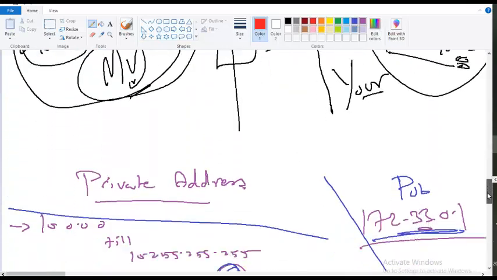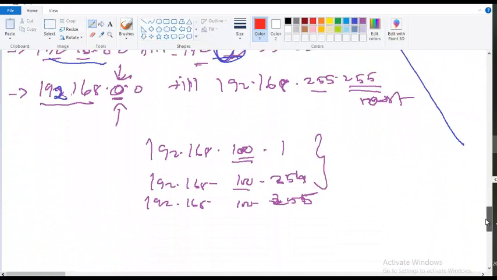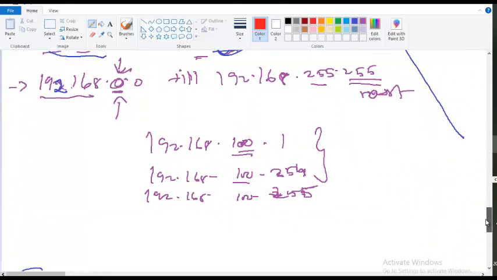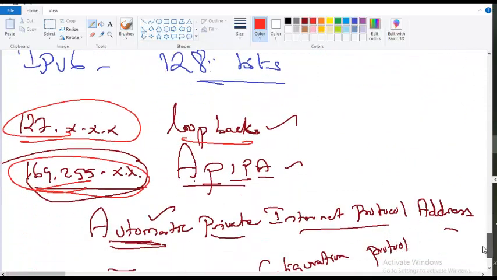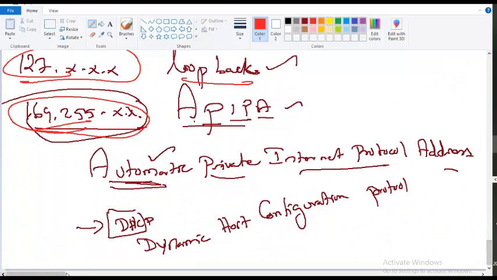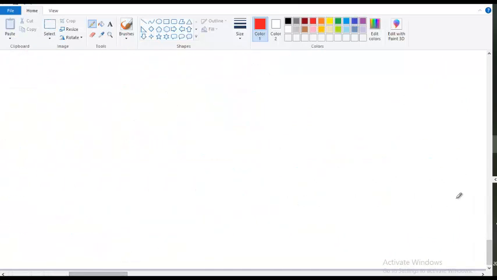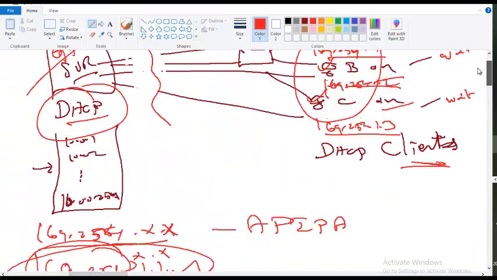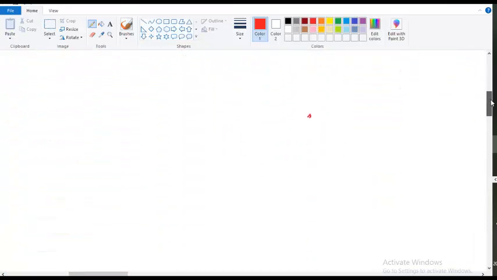All right. So these are the basic things that we need to know about IP addresses. We have classes A, B, C, and we have private and public ranges of addresses.